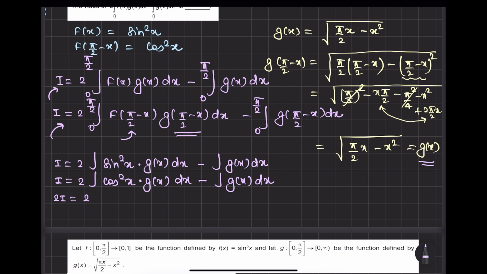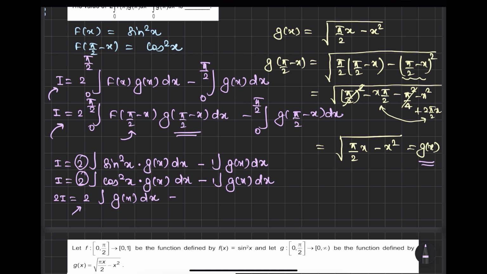So you will have 2 times the integration from 0 to pi by 2 of sine square plus cos square, which will become 1, and then g of x dx, and then this and this will become 2 times g of x.